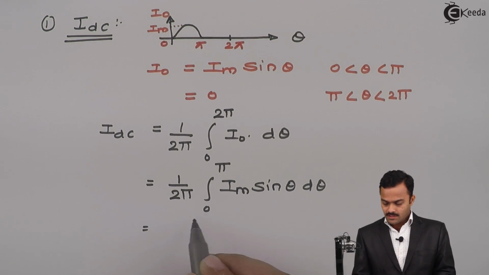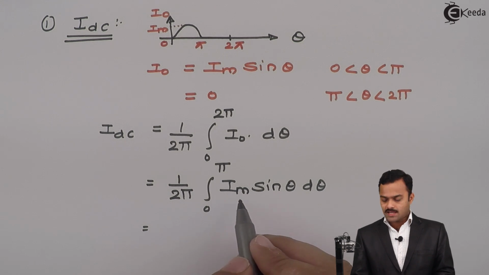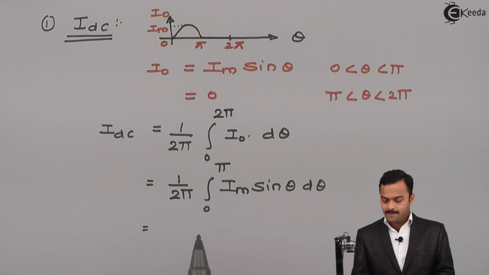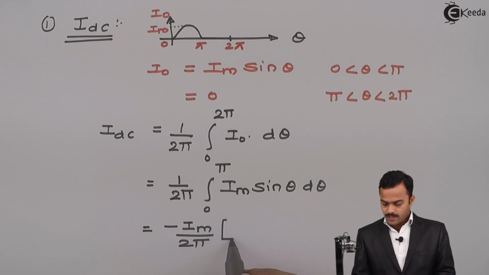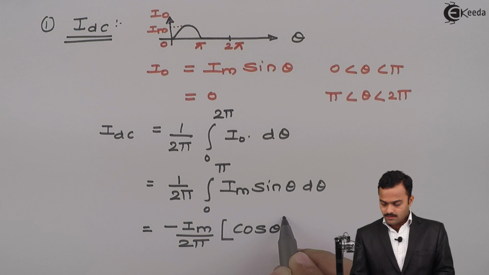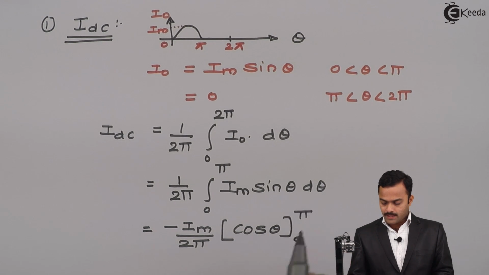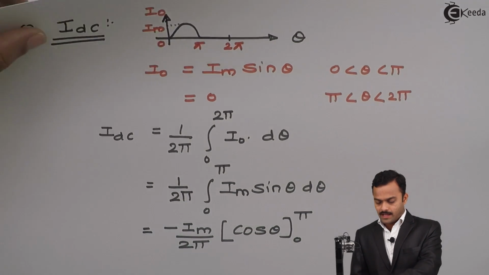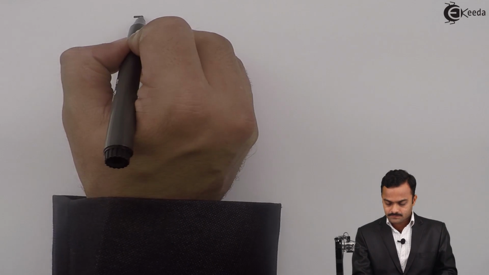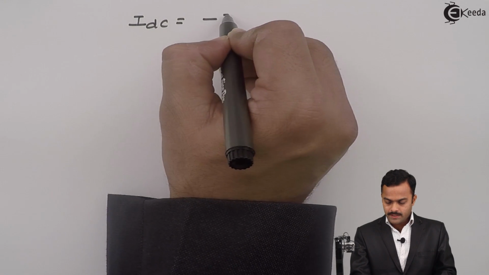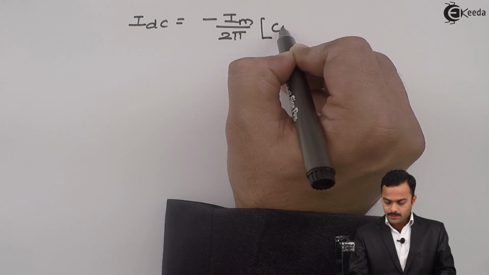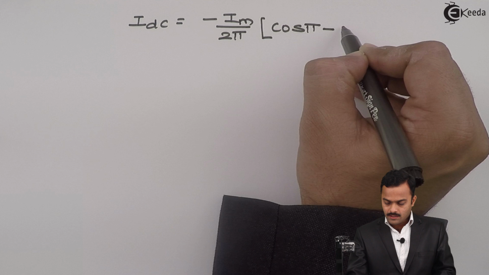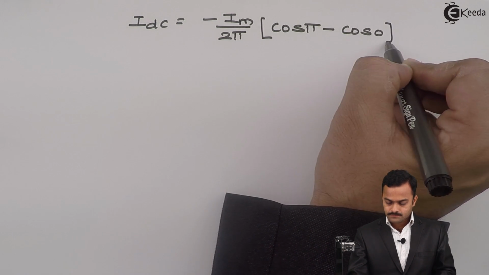Let's integrate. Integration of sin theta is minus cos theta. I take that minus outside along with Im. So it becomes minus Im upon 2 pi in bracket cos theta, and limits are 0 to pi. Let's apply the limits. So I will get IDC equal to minus Im upon 2 pi, bracket upper limit is pi and lower limit is 0.